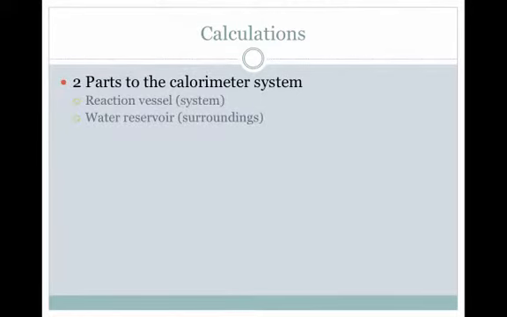Now this allows us to turn the corner from how the calorimeter works to how the math on the back end works. So now that we've collected data from our calorimeter, we can calculate the actual delta H of our reaction. Just as we've already said, but we can put it on paper now, the calorimeter really consists of two parts: the reaction vessel itself, which is the system, and the water reservoir surrounding it, which acts as the surroundings.